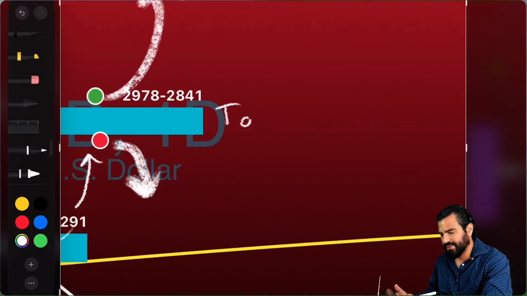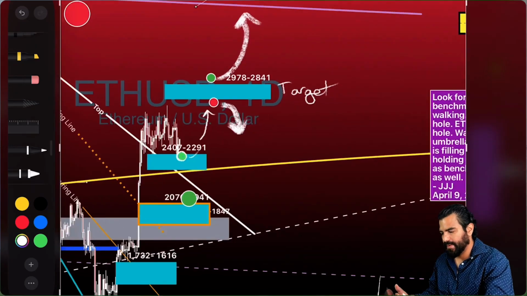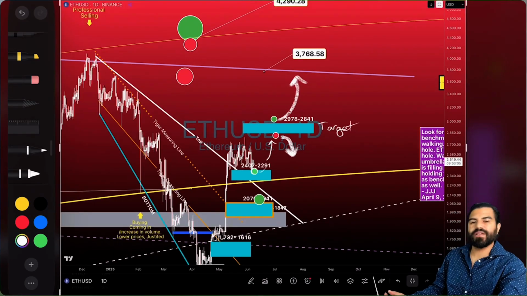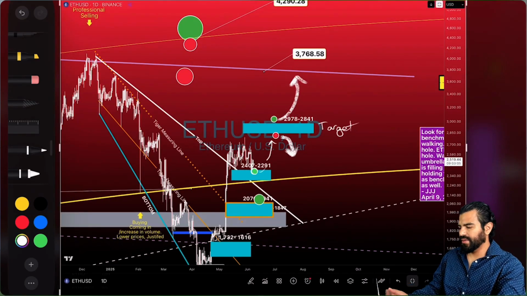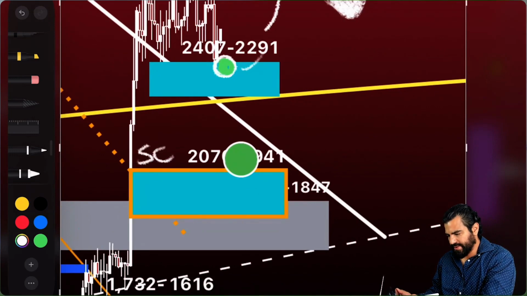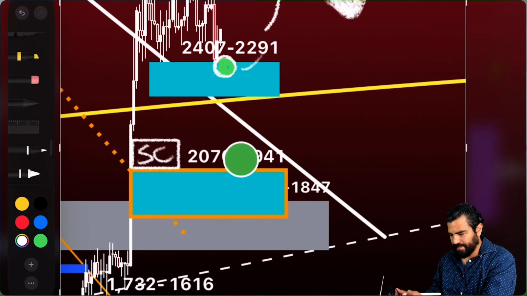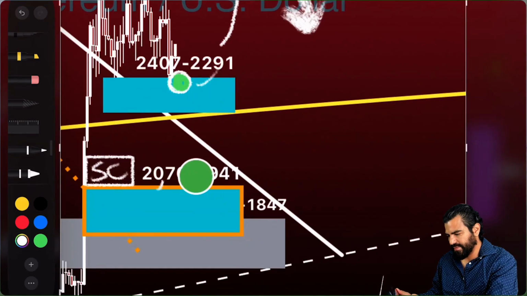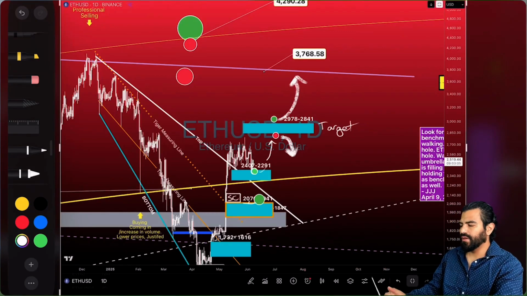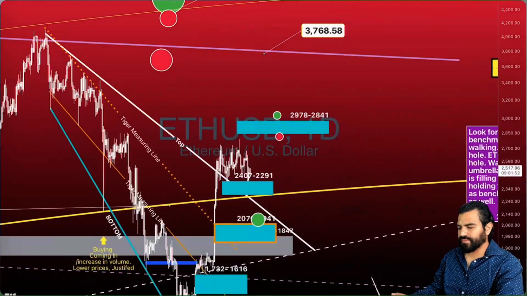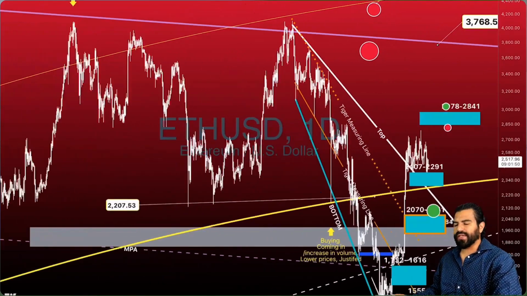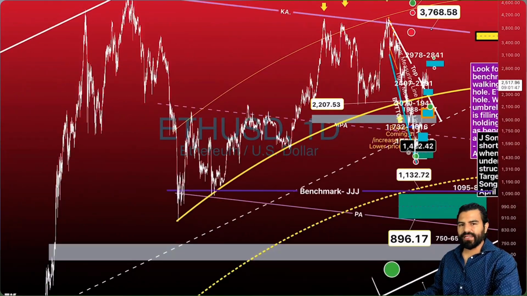I'll give those a label, target. So that's going to be the nearest target. And I'll put a little SC here so you guys remember that one. 20,700.